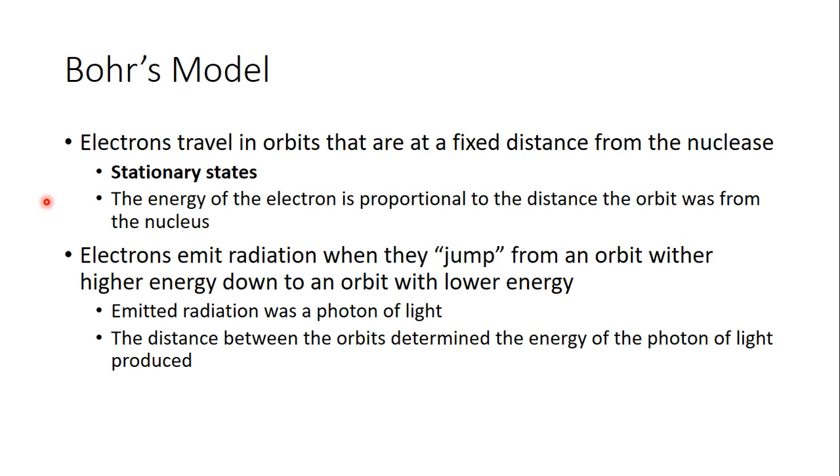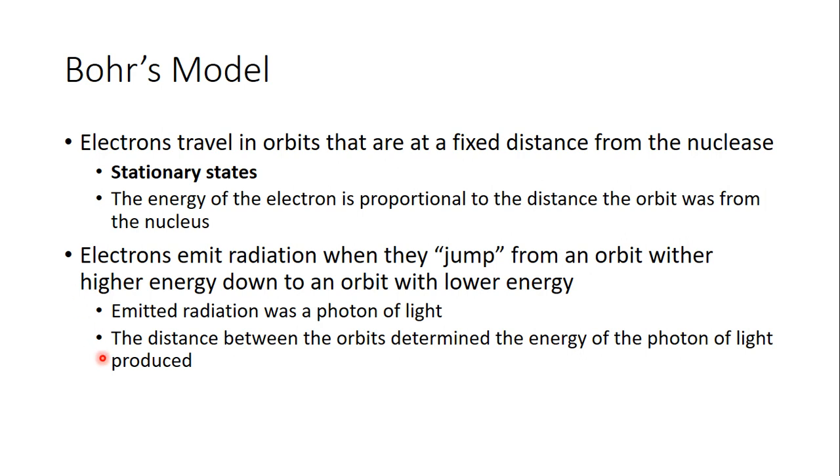Now, when electrons go from one stationary state to another, or when they jump, they will emit radiation, or they will absorb energy depending on which way they jump. So if they go from low energy to high energy, they need to absorb energy. But if they go from high energy to low energy, they will emit radiation, or a photon of light.